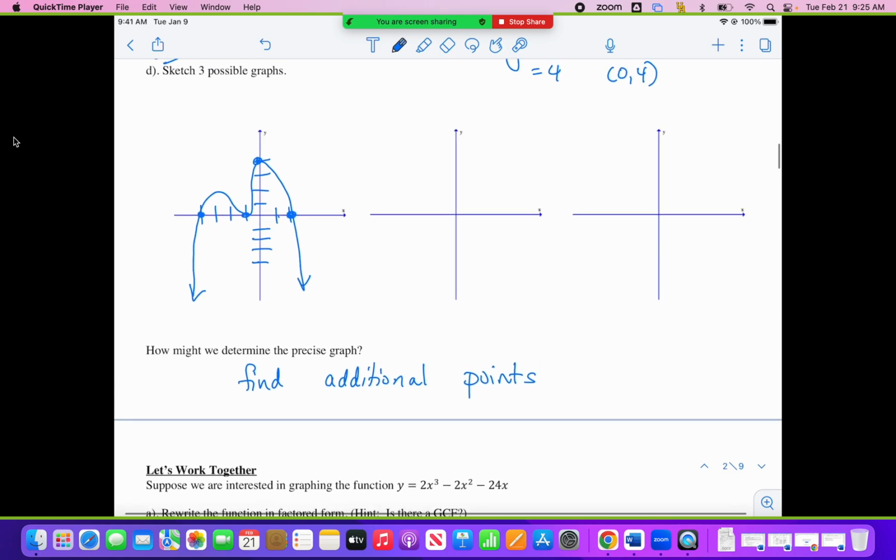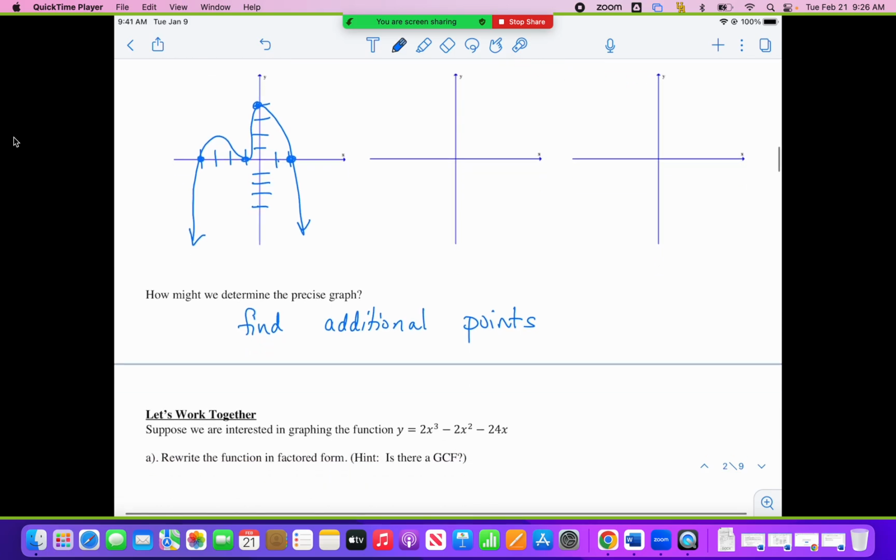Did anybody have a different graph that we could sketch? You could maybe have it go way taller somewhere. All right, so we're going to learn how to do that, and you are going to need a graphing calculator today.